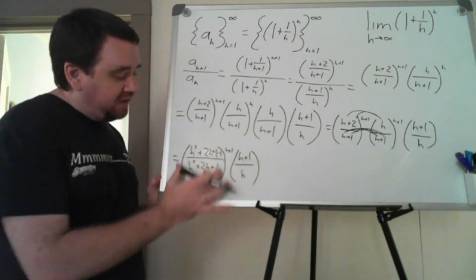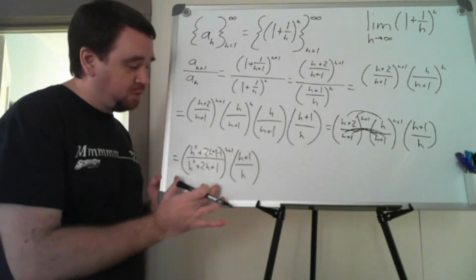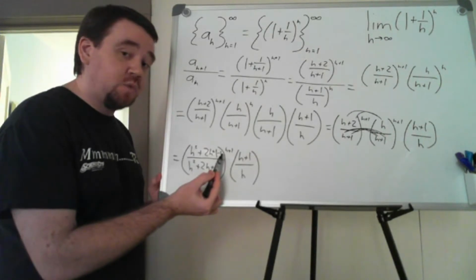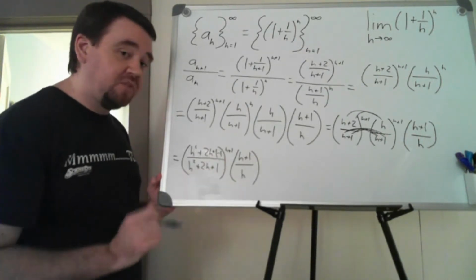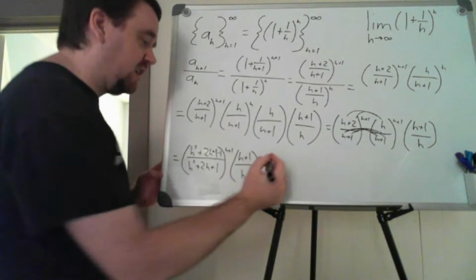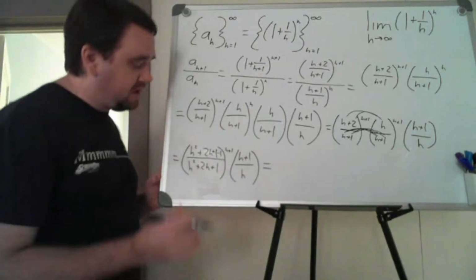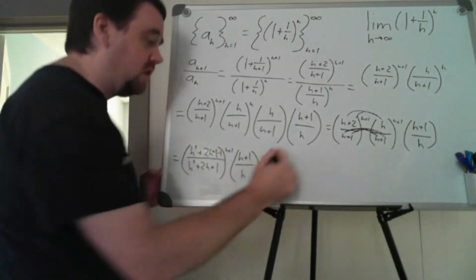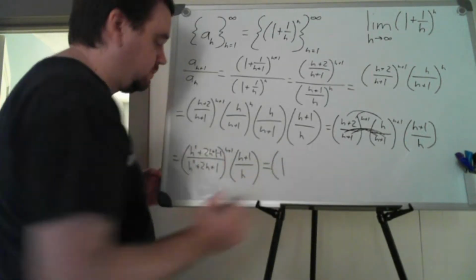So I can split this into two fractions, where I put the h squared plus 2h plus 1 in the first fraction and the minus 1 in the second fraction, so that I get some canceling going on here. And so that's what I'm going to go ahead and do. Now because of that, I'm going to have this top and this bottom match, which means they cancel out into a 1.